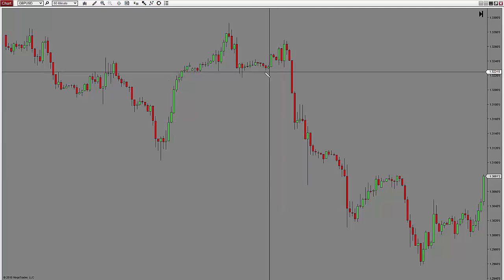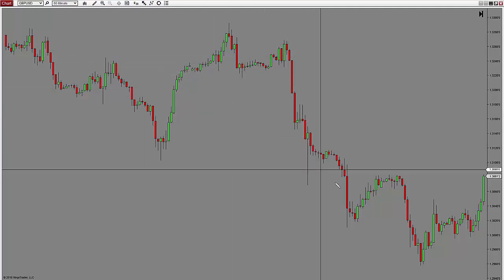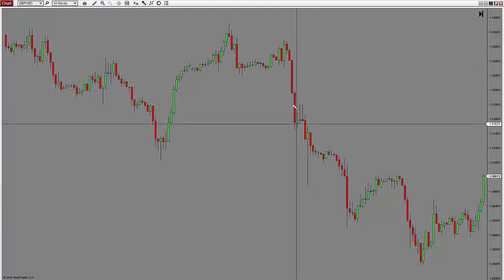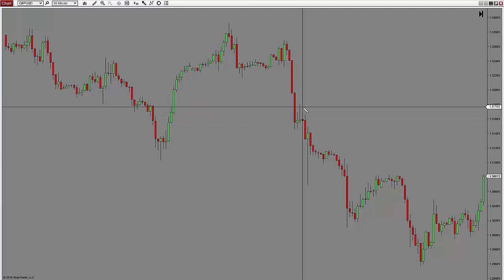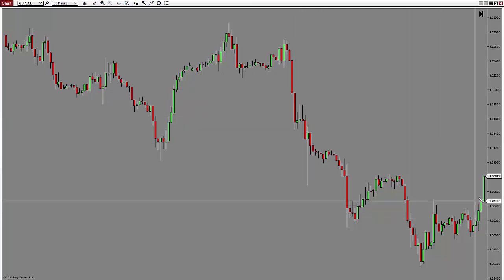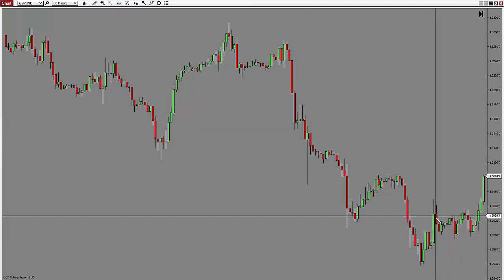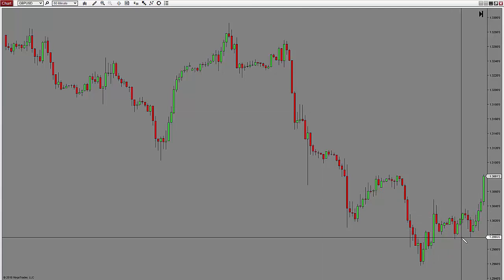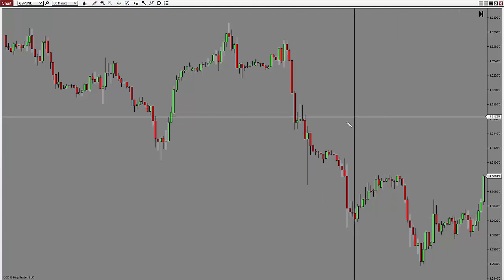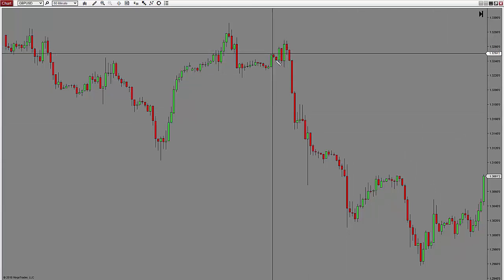If the market is heading down, I'm looking for red bars followed by green bars. And if the market's heading up, I'm looking for green bars followed by red bars. Pretty simple. Now, here's what I'm doing.